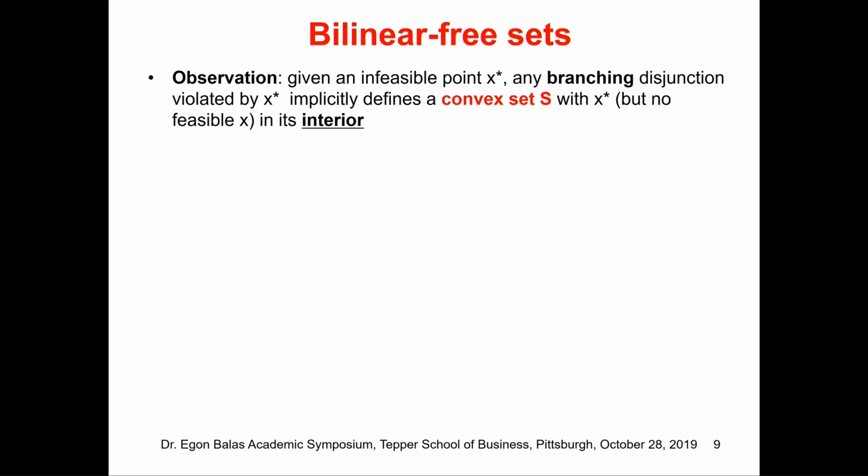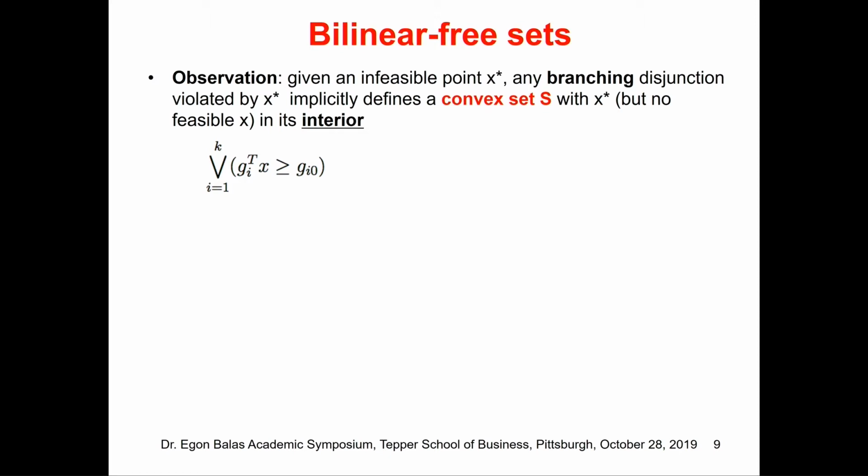Essentially, the idea is that whenever you have a point x star that you will be able to cut by using a branching disjunction, then using the branching disjunction, you can implicitly, easily derive the set.